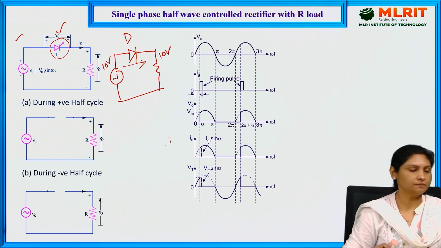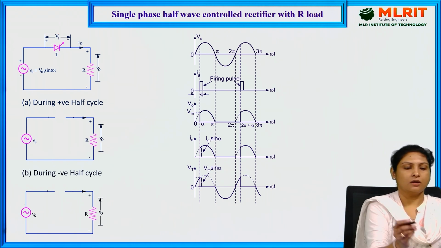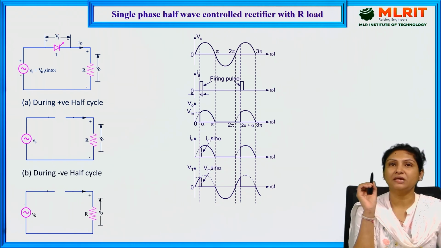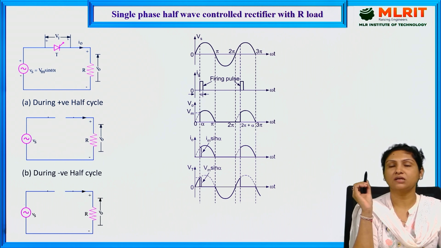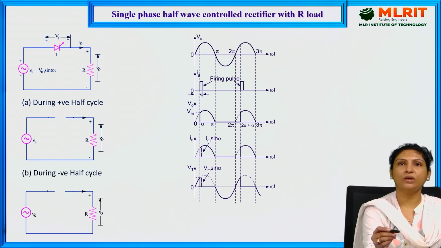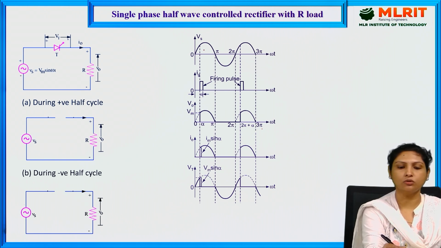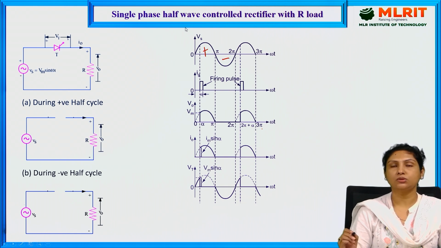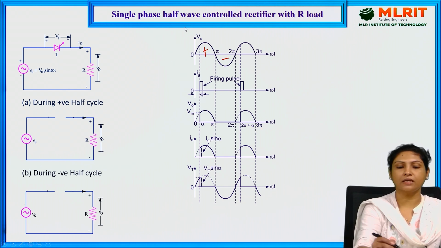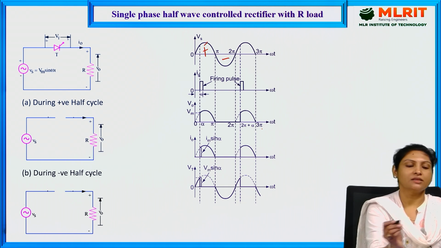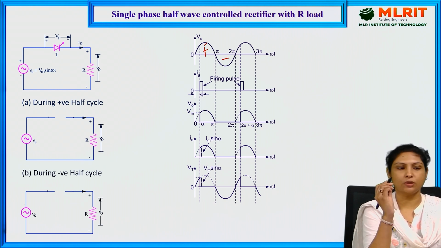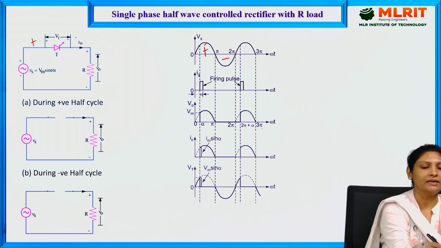Here, what is the basic purpose of a rectifier? A rectifier converts AC to DC. So here we have an input voltage of AC, which has both a positive half cycle as well as a negative half cycle. During the positive half cycle of the input voltage, the polarities across the thyristor will be positive and negative.